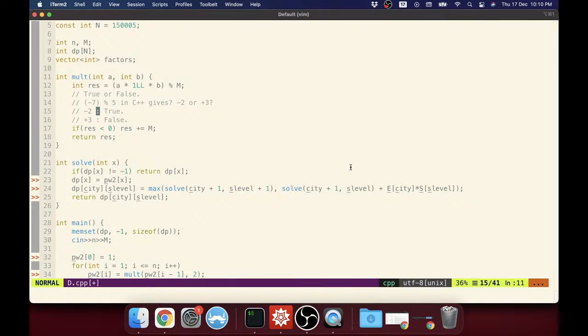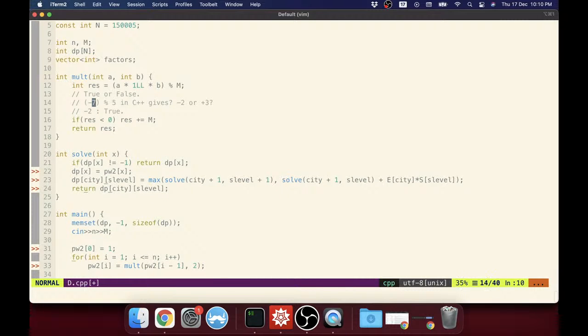Okay, so that's actually wrong. It gives you -2. Because my multiplication function should work when a is less than 0 or b is less than 0, or a is greater than 0 or b is greater than equal 0. Because it should work for all values of a and b, it's expected that this product a into b might be negative.